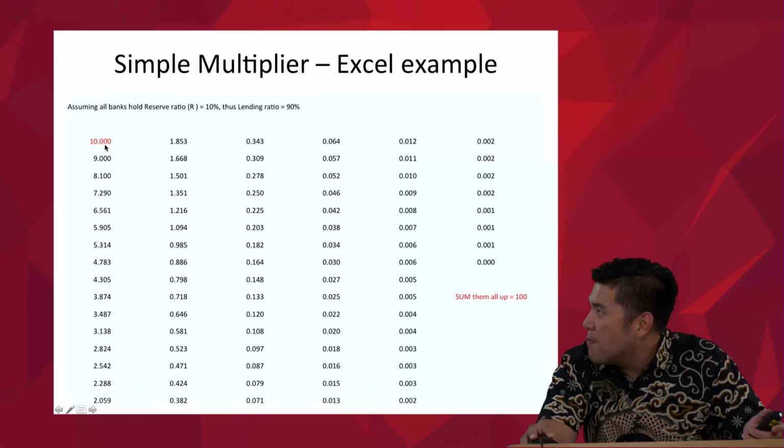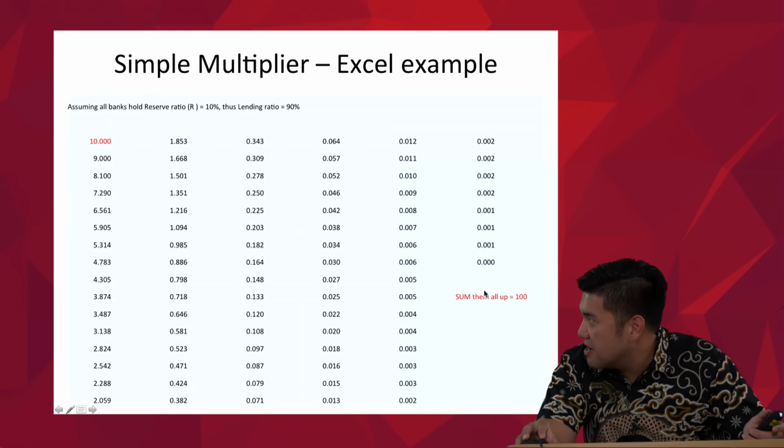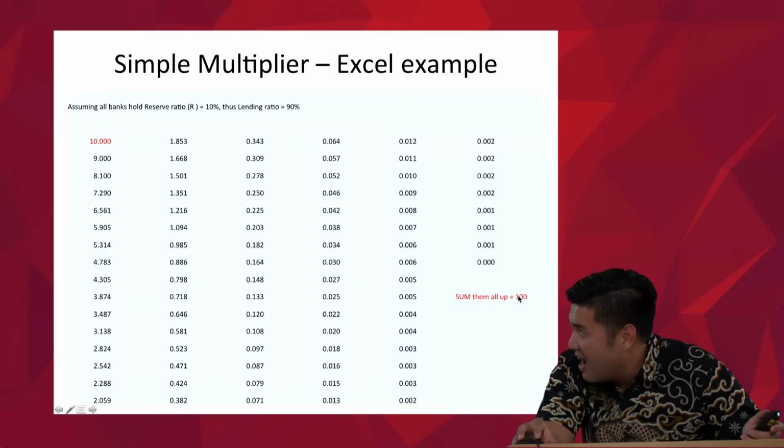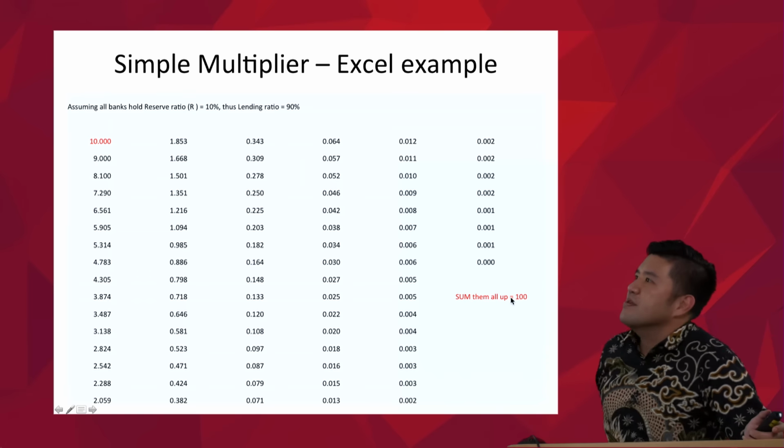If we sum up all of this, you will get 100. From an initial deposit of 10, we have this money multiplier effect that will lead the money supply in the economy to increase not just by 10 but 100.